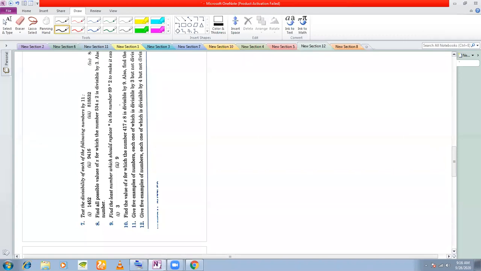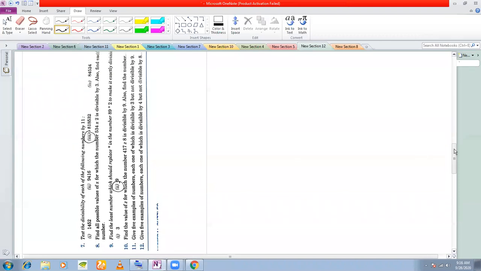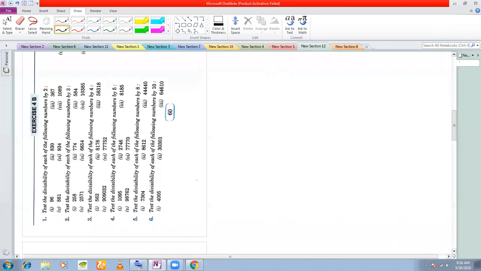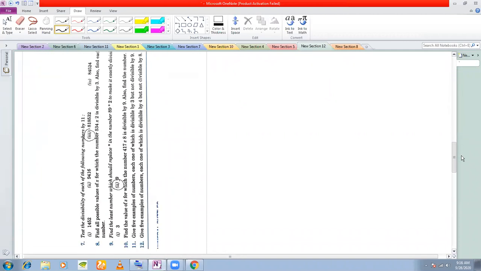I will do your 7 part 3 here. This is divisibility by 11. In the assignment that I gave you, I worked out only one problem on divisibility by 11. So I'll work it out and I will show you divisibility by 9 here. All the others you can do on your own. All the divisibility tests, you can try them out. But the questions that are important for your examination are these kinds of questions, 7 and 9.